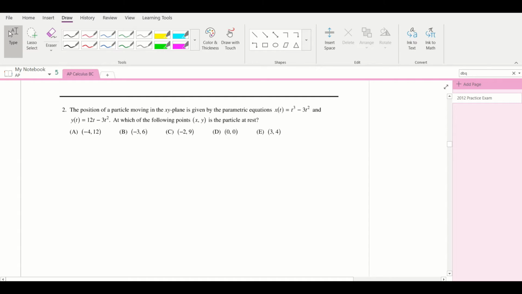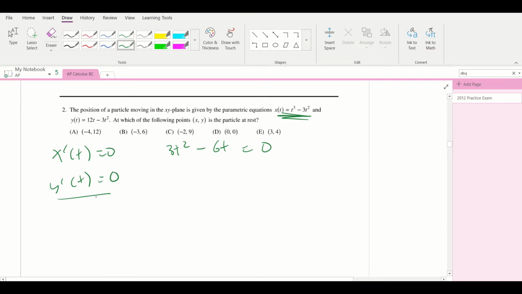For number two, all right, so the particle is at rest when both x prime t equals 0 and y prime t equals 0, right? So when x prime t equals 0, that means 3t squared minus 6t, because that's just dx over dt, equals 0.